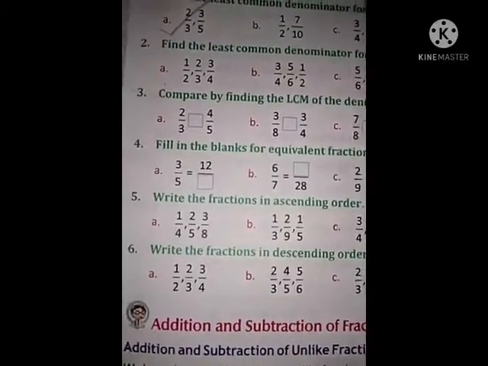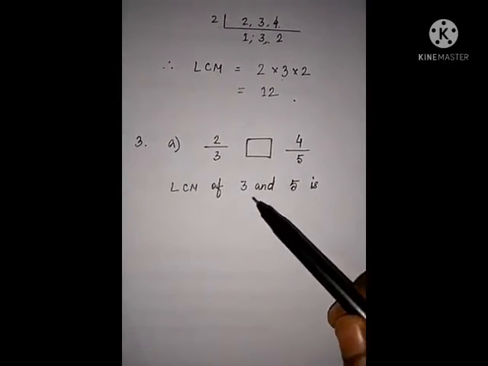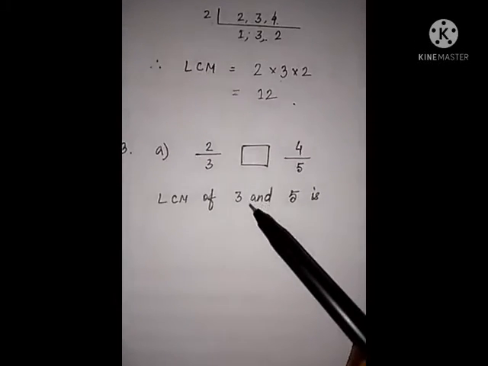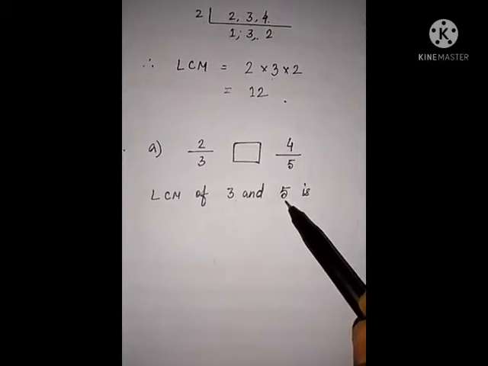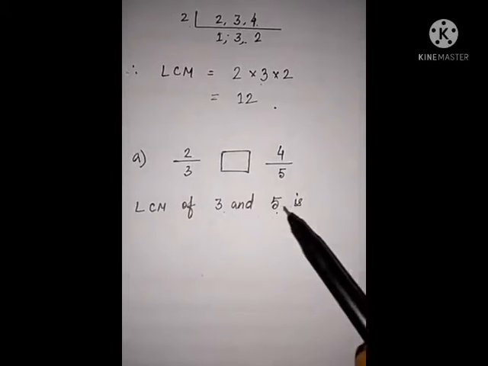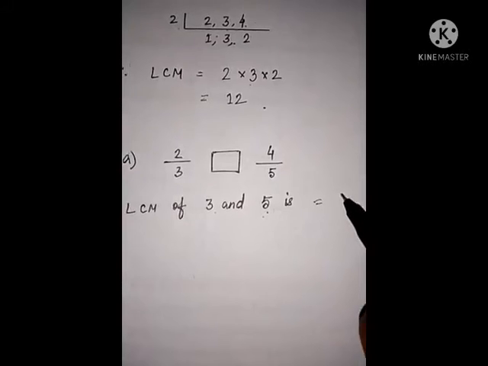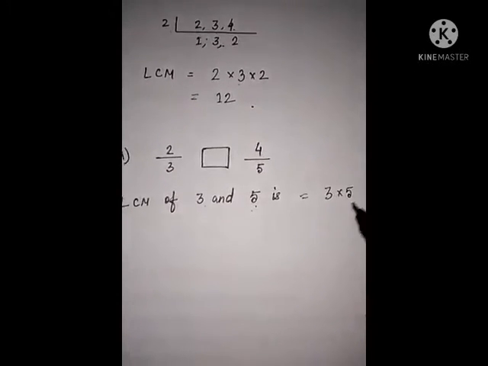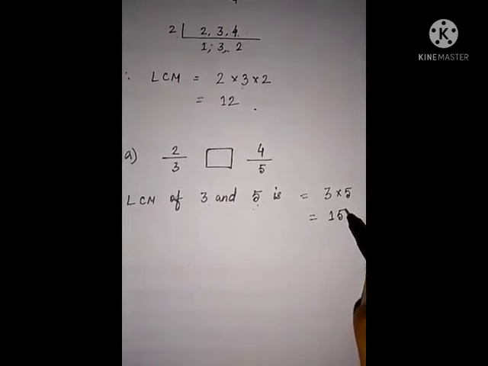Okay, see, first we will find the LCM of 3 and 5. 3 is a prime number, 5 is a prime number. So we can find the LCM of prime numbers very easily by multiplying the two numbers. So the LCM of 3 and 5 is 15. You only have to multiply them and you will get the LCM.